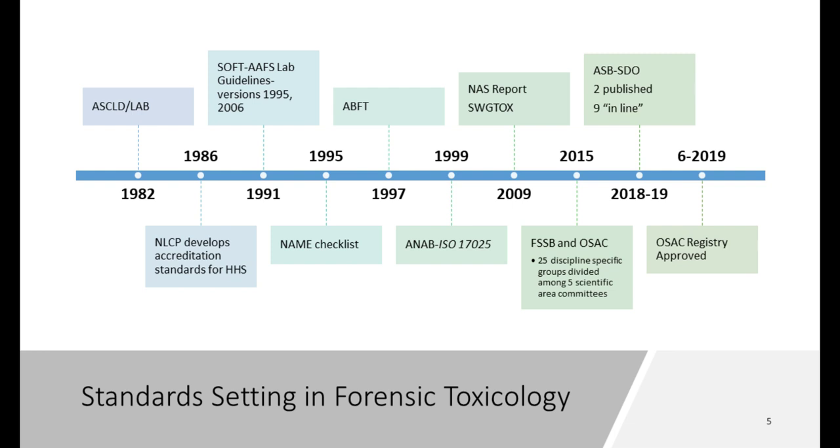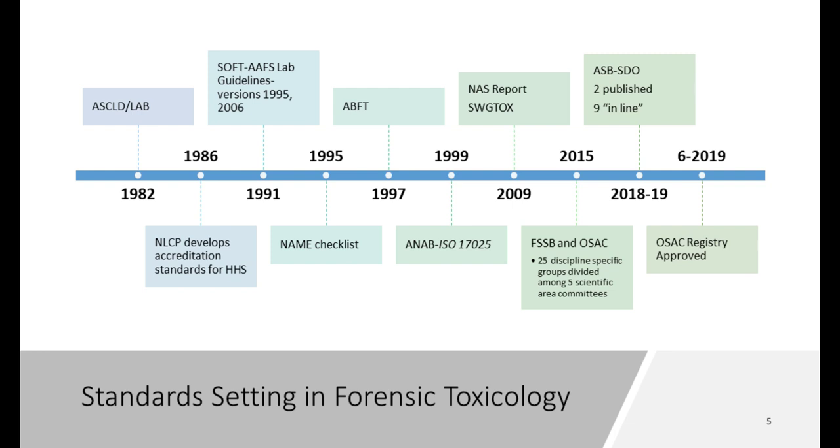Finally, in 2009, the National Academy of Sciences report was issued on the state of forensic sciences in the United States. And it was largely critical of many practices, although toxicology did get a passing grade. In response to that, the SWGTOX was formed, which is a scientific working group in toxicology, and they began the first work on setting standards for forensic toxicology, including guidelines and standards, using those shoulds and those shalls.